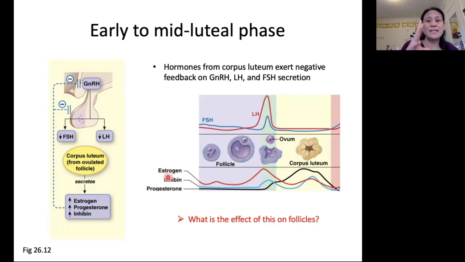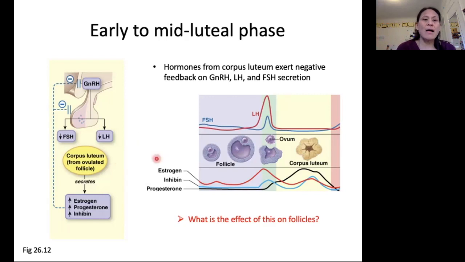So we just released an egg. That egg might get fertilized and give rise to an embryo. If that's going to happen, we don't want to be getting new follicles ready for potential fertilization at this point. We don't want to be recruiting new follicles when we just released an egg and we might be getting pregnant.